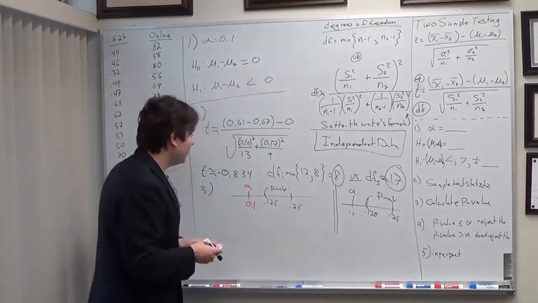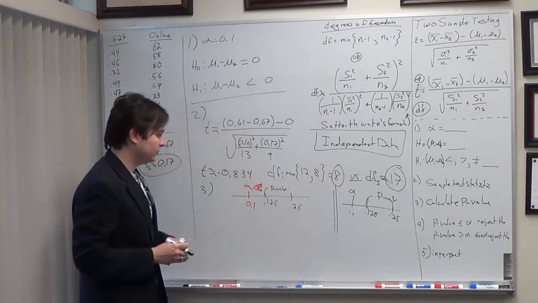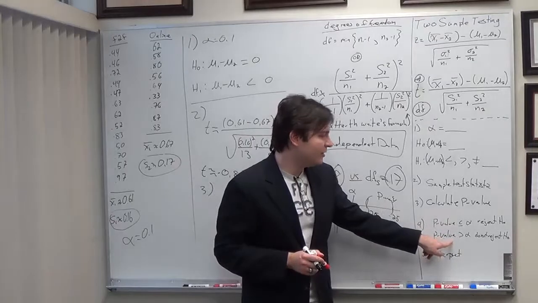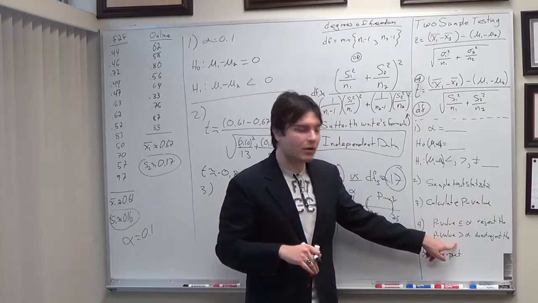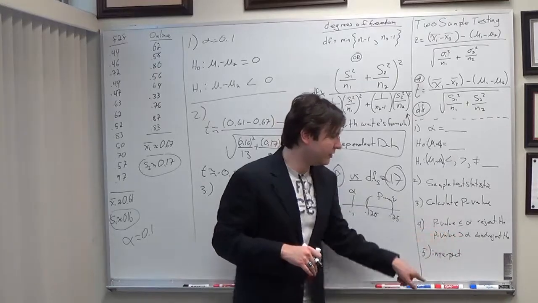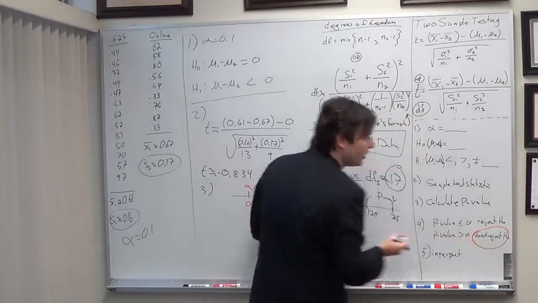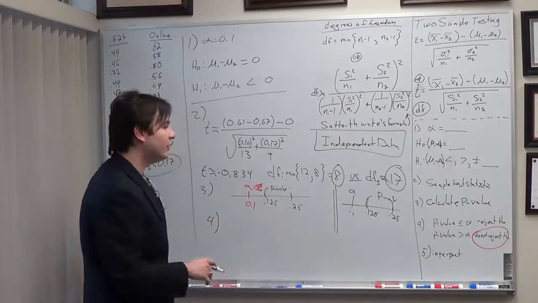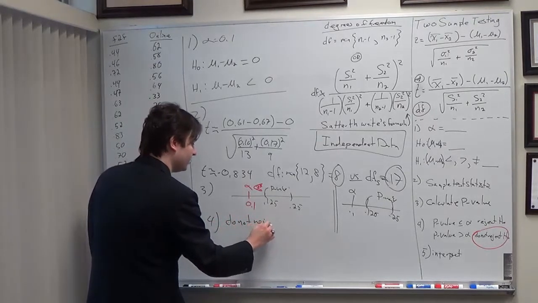Because look here. P is bigger than alpha. P is on the right, alpha is on the left. P is bigger than alpha. That means we've got this. Don't let the mirror images of the inequalities fool you. The bigger part is focused on the P. This means we do not reject the null hypothesis. So step 4, we do not reject.